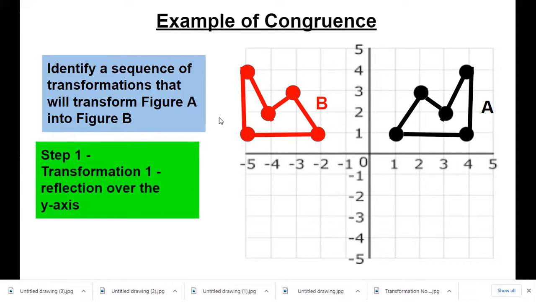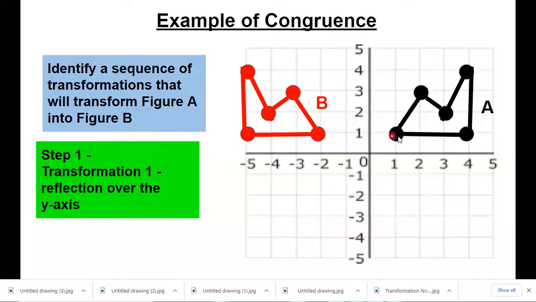There was a transformation. It was a reflection over the y-axis. So it flipped. It went from this side and it flipped to that side. But if it had just flipped, this point here, let me get my little spotlight out, this point here over the 1 would be this same point here, and it should be over -1, but it isn't.